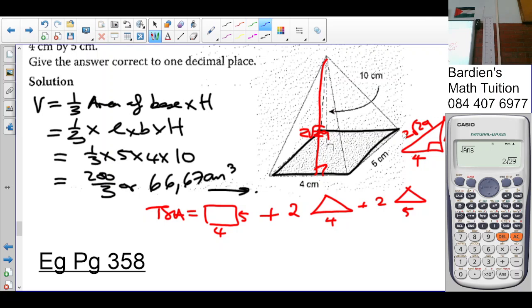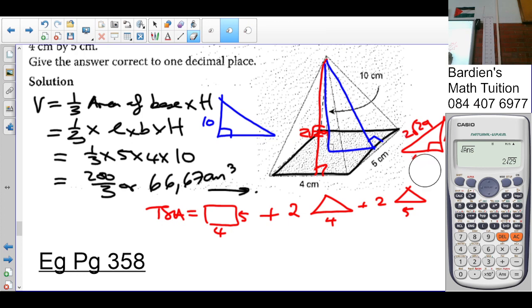Let's go with the side here. I need this slanted height here as well. So how would this triangle look? What would this length be here? Can you see I'm completing that triangle here. So this would be 10. Nope, this height is not 4. This height is actually 3.